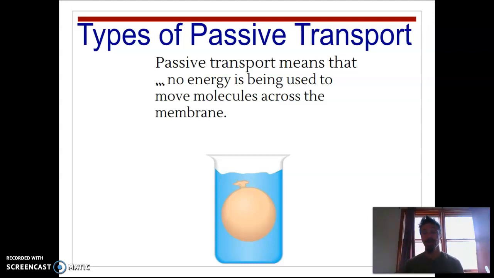So now, instead of just talking about this very general term of concentration gradient, the movement of molecules from an area of high to low concentration, we're going to focus solely on applying it to the cell membrane, the plasma membrane, if you will. And when molecules move across the plasma membrane from an area of high to low concentration and there's no energy put in, we call that passive transport.